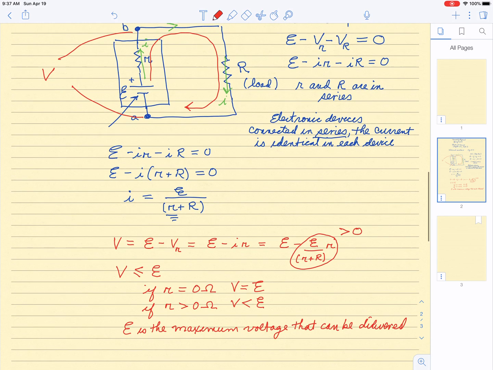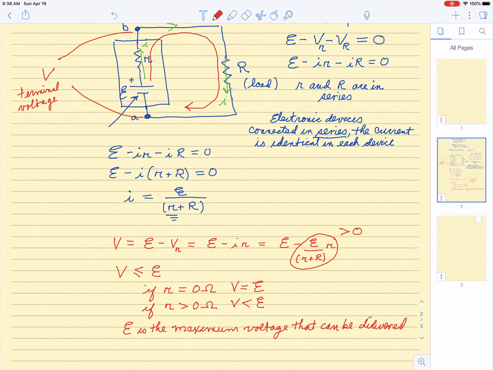And sometimes we call V the terminal voltage. Not terminal in the sense of end, but terminal in the sense that it's the voltage across the terminals of the battery, A and B. So that would be the terminal voltage.